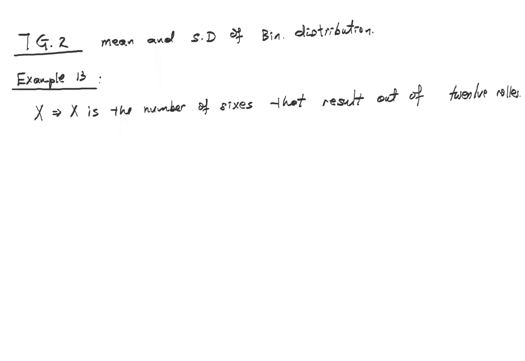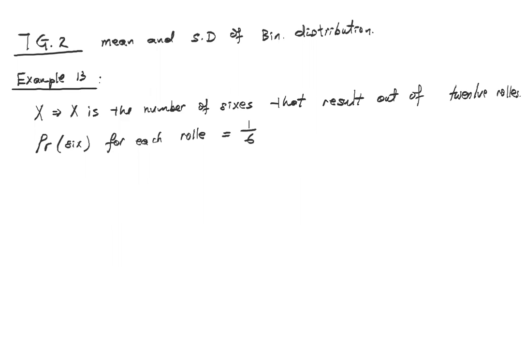Okay, so what is the probability of getting a 6 for each roll? The answer is 1 out of 6, because it's a fair dice. And the probability of getting a 6 for each roll is independent of each other.